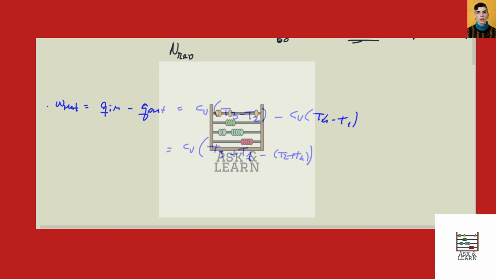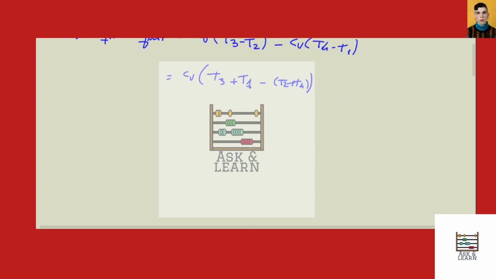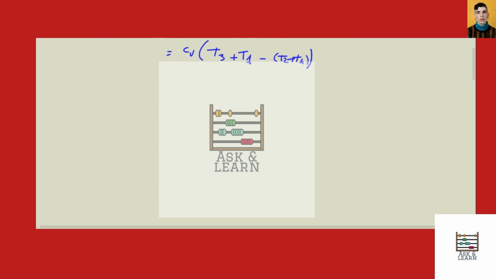Okay, what is left to us is to discover the temperatures of this cycle. The temperature 1 and the temperature 3 we already know because the problem gives them to us. Therefore, the only problem is to find temperature 2 and temperature 4.